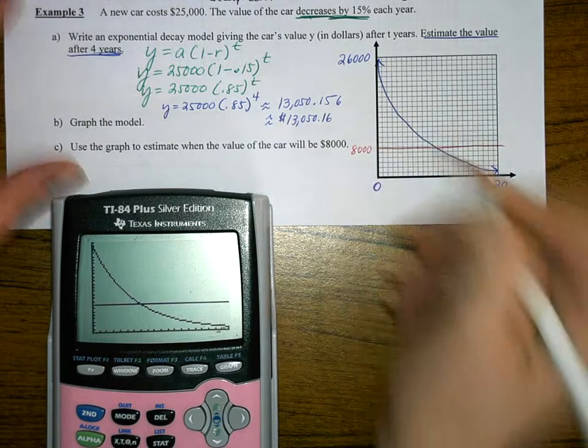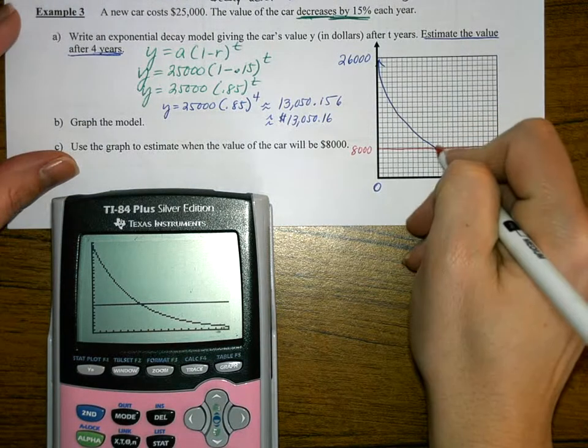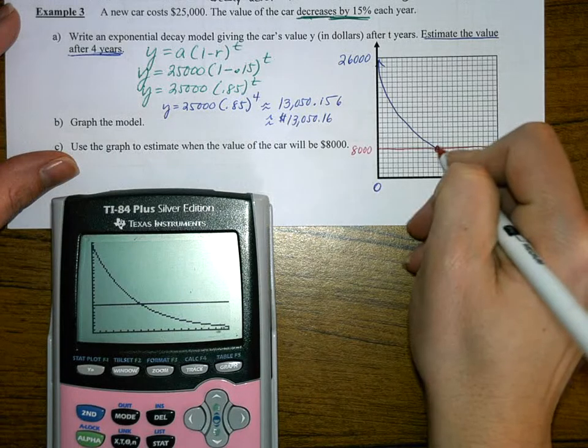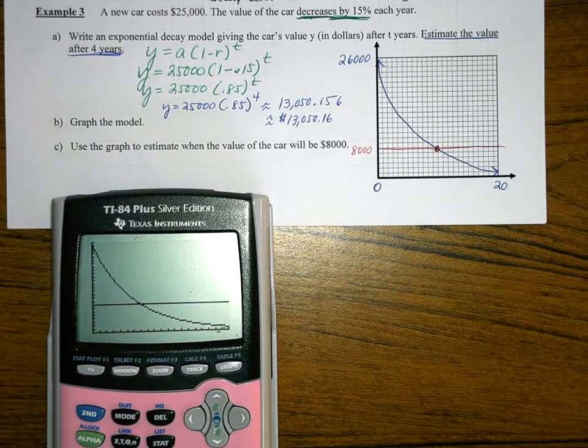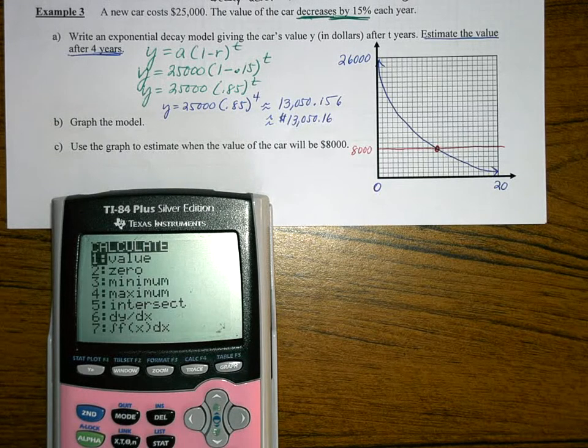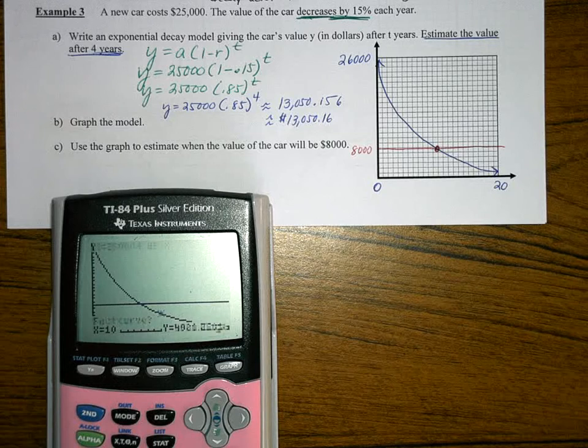And my solution is going to be where they intersect. Now, where do I go to find the intersection? All right, second trace to calculate. And I want to calculate what? Where they intersect, number 5. First curve, enter. Second curve, enter. Guess, hit enter, and watch the magic.